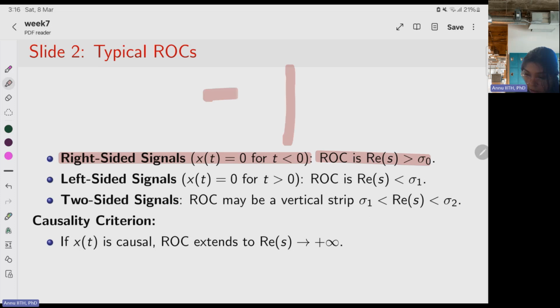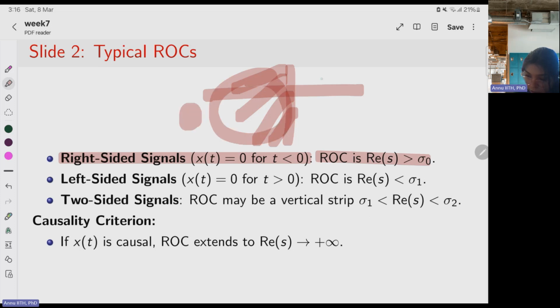So if t is less than 0, this value is 0, and this is a right-handed signal.